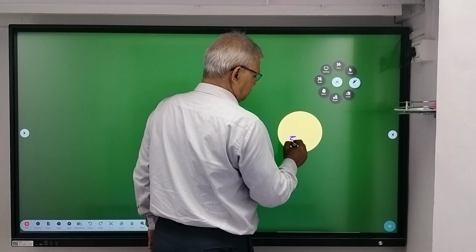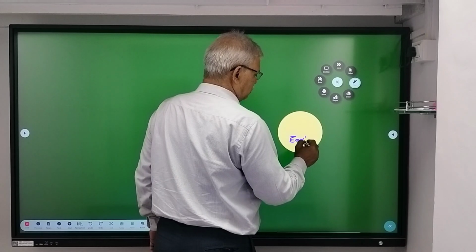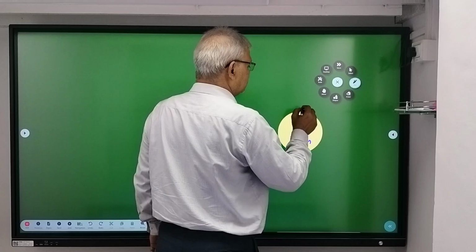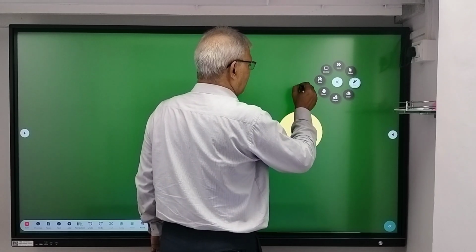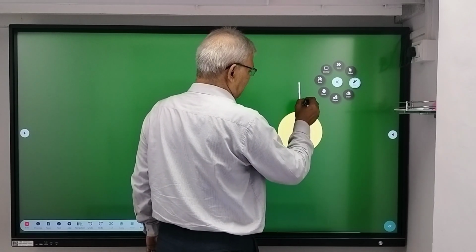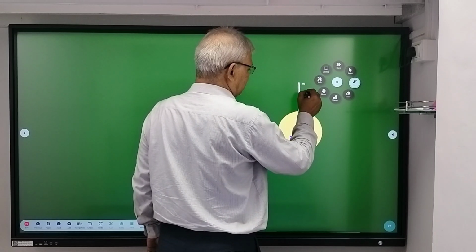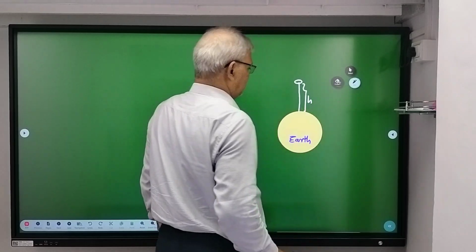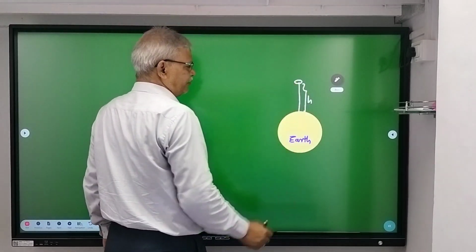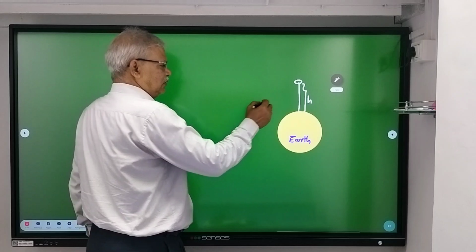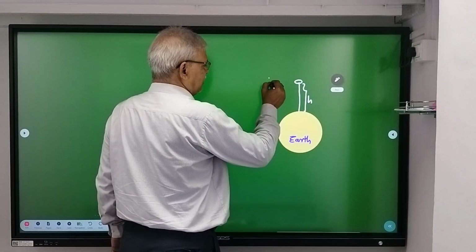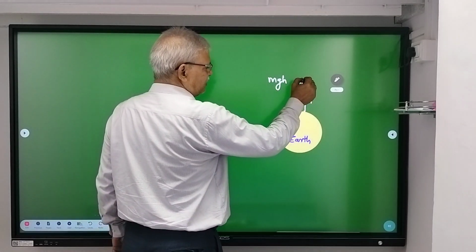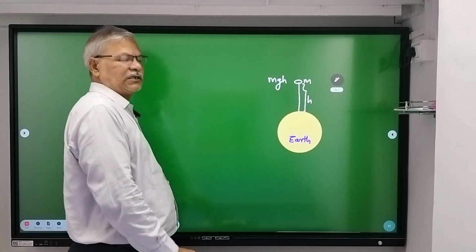Now, if an object is at height h from the earth, its potential energy will be given by mgh, where m is the mass of the object.